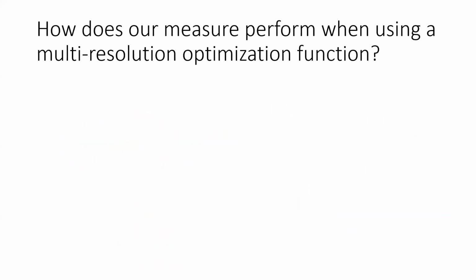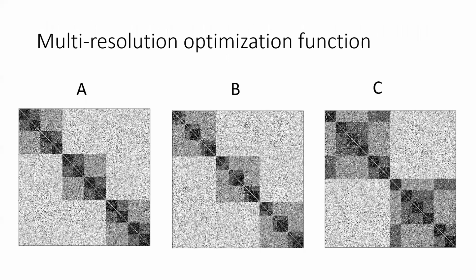Okay, we also want to show you the amount of additional information you can gain when you use a multi-resolution optimization function, and how our measure can perform from a multi-resolution perspective. To show this, we are going to compare three networks, specifically nested networks, where two of the networks are similar in one range or scale.